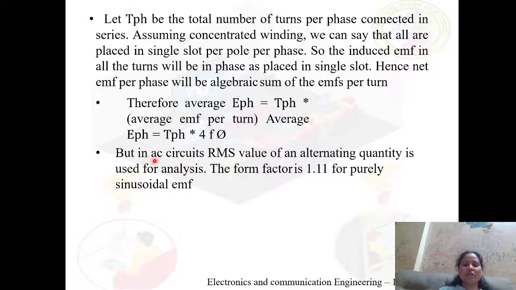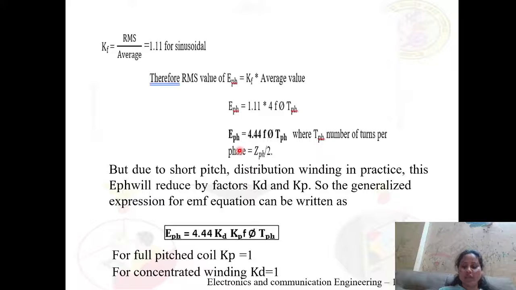But for the AC circuit, we consider the RMS value. So let us take the RMS value by considering the form factor. The form factor value is 1.11. Form factor can be defined as the ratio of RMS value to the average value, and here we know the average value into 1.11 gives us the RMS EMF.